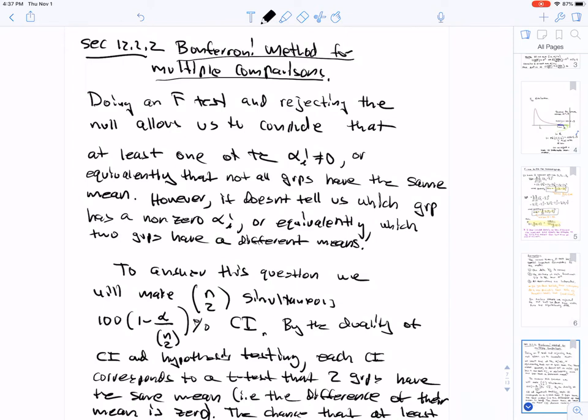To answer this question, what you don't want to do is a whole bunch of t-tests, all with level alpha significance. What we want to do instead is decrease the level of significance for each of those t-tests. And there are different ways to do this.